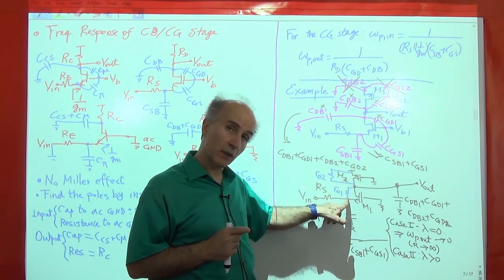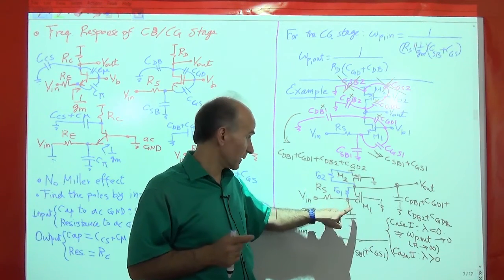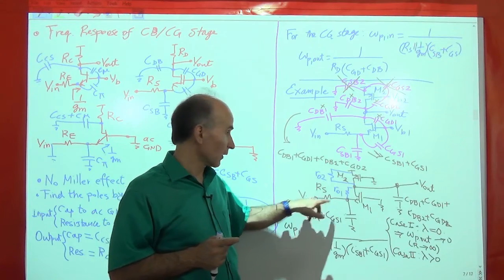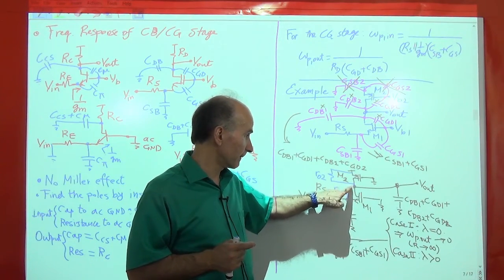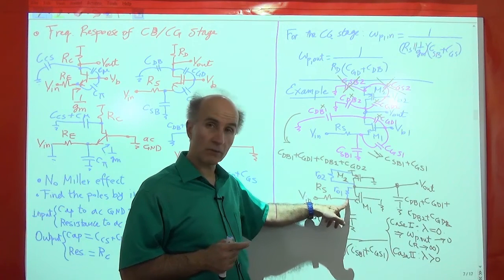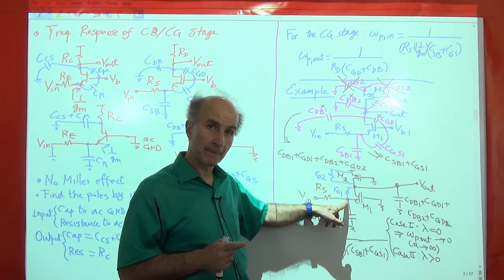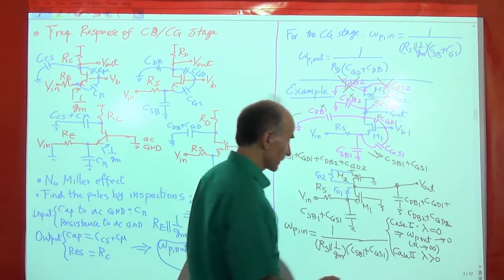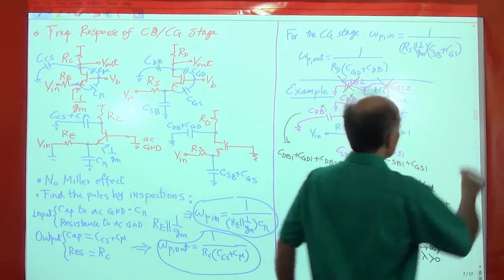Do I see RO1? No, because this is not AC ground, right? This goes to RS. So how much is this resistance if this source is not AC grounded? That should look familiar, doesn't it? Okay, so let's go to the next page and see.